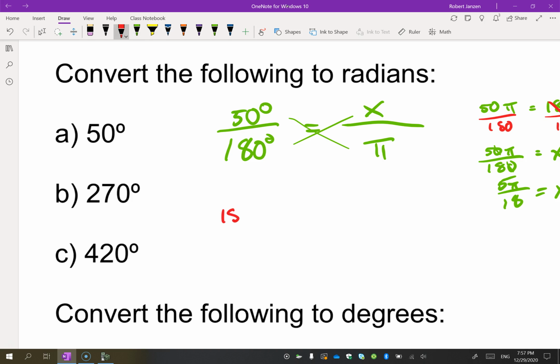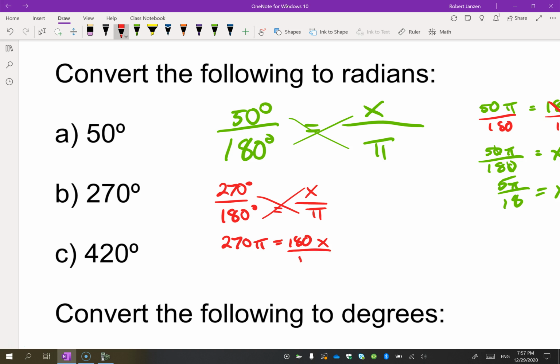Okay? Now let's try 270. Okay, we'll use the same ratio. So those two are equal, and we put 270 here, and let's figure out what x is. Okay, so we're going to cross multiply. You get 270 pi is 180x. Oops, it should be x.